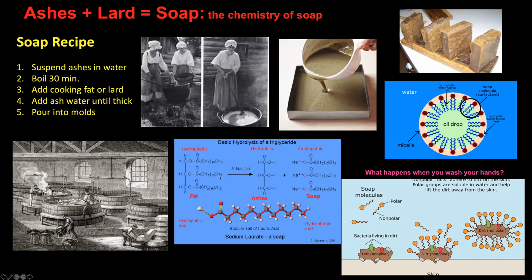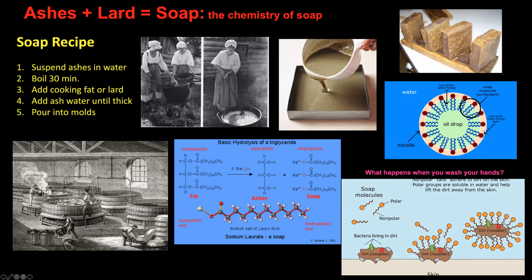If you look at this blue box, a fat, you recall, fats are triglycerides. So this is the structure of a triglyceride, and that's hydrophobic. Now, ashes are essentially sodium hydroxide, NaOH. So if you have one triglyceride molecule and 3 sodium hydroxide molecules that came from the ashes, they combine to make a soap. 3 molecules of soap, a long hydrophobic tail and a hydrophilic head.